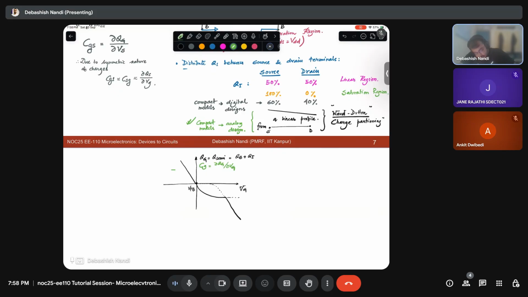So this will give you a constant line, then this region will give you something like this, and around this point you will get another constant line.